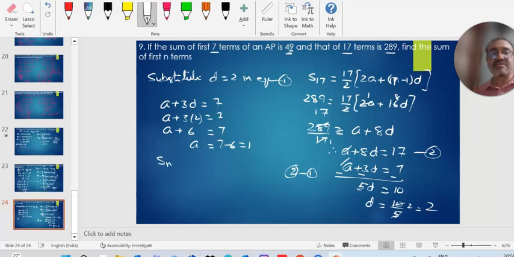Now Sn is equal to n by 2 into 2a plus n minus 1 into d. Now n by 2, 2a, 2 into 1 plus n minus 1 into d is 2.